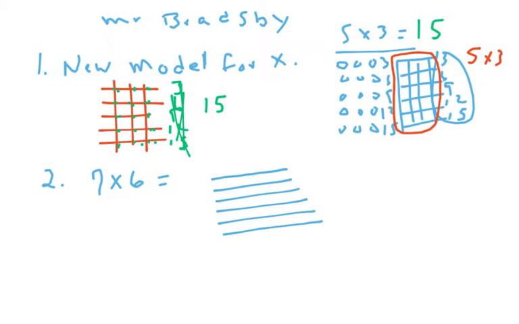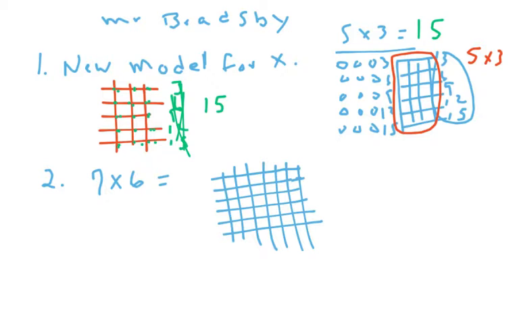Okay, did you do that? 1, 2, 3, 4, 5, 6 lines. Now 7 lines: 1, 2, 3, 4, 5, 6, 7. Oh, didn't quite get these out far enough, but there we go.